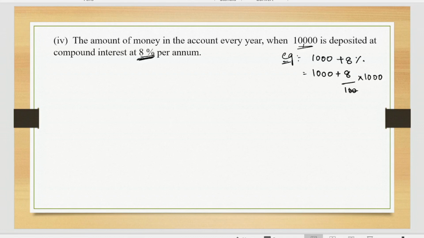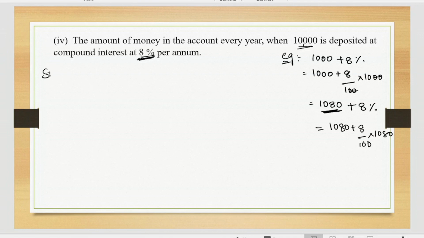So this will be 80 rupees. So that is 1,000 plus 80, which is 1,080 rupees. Now this is the amount which we have in the account. So for the next year we will be getting 8% interest for this amount, which is 1,080. Okay. So this will be 1,080 plus 8 by 100 into 1,080. Clear? This is how we calculate.